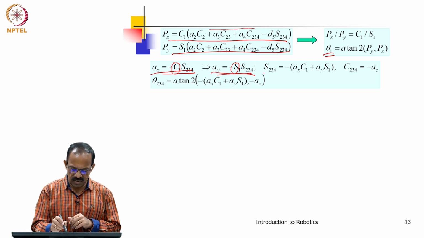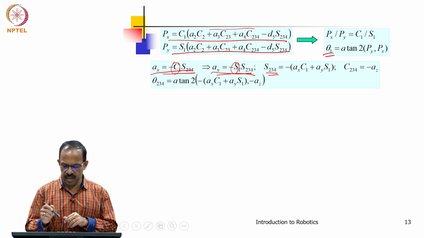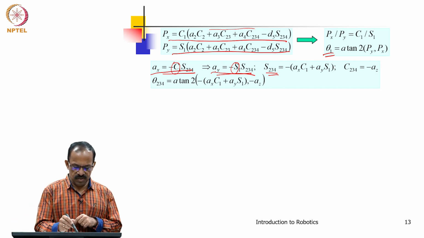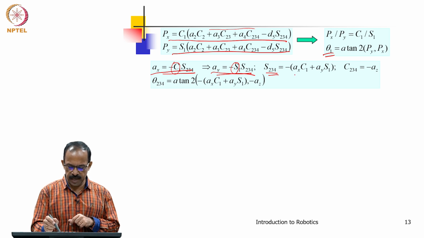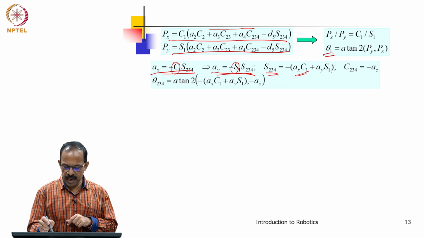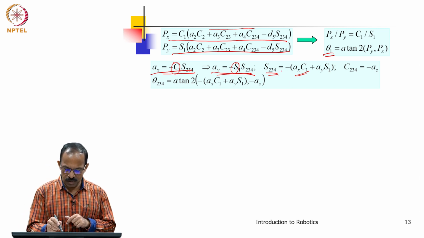So, we can write S234 as Ax C1 plus Ay S1 with a minus sign, because Ax is minus C1 S234 and Ay is minus S1 S234. If you multiply Ax with C1, it will be C1 square, and Ay with S1 will give S1 square, and you will get S234.